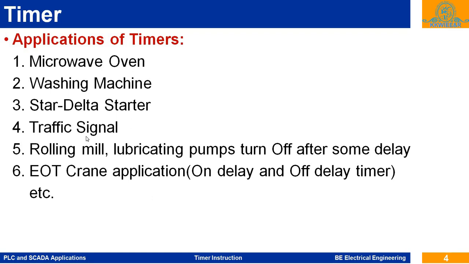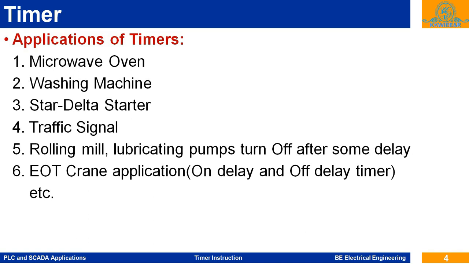Traffic signals, as you know, then rolling mill, lubricating pumps turn off after some delay. In the rolling mill, there are large rollers. For lubrication purposes, instead of using ball bearings, gunmetal bushings or babbitt bearings are used, which require lubrication.